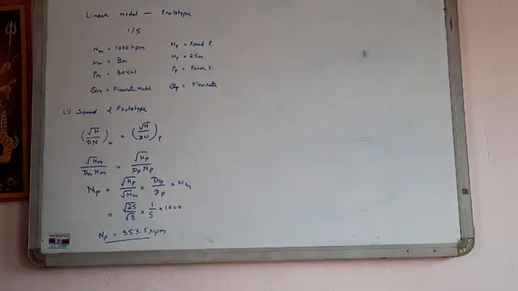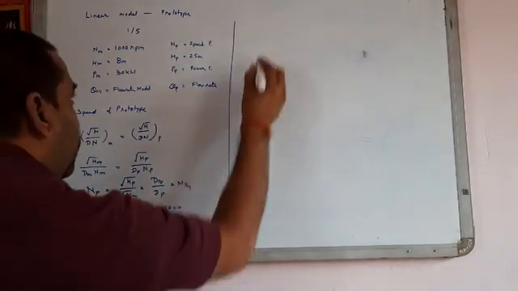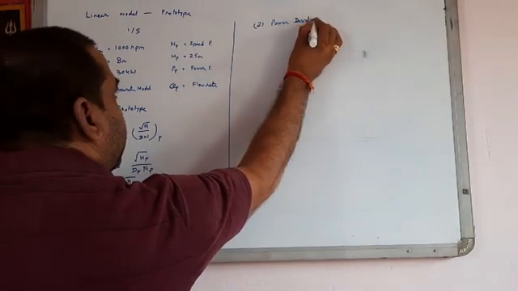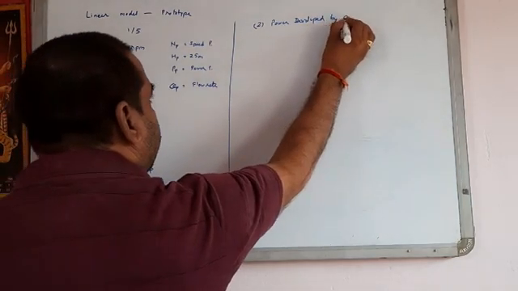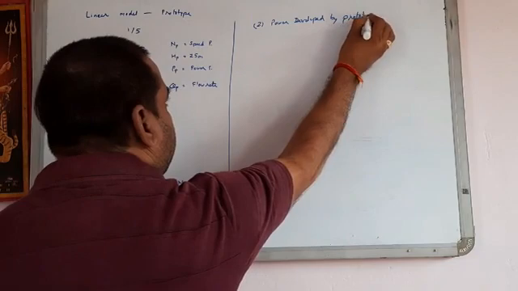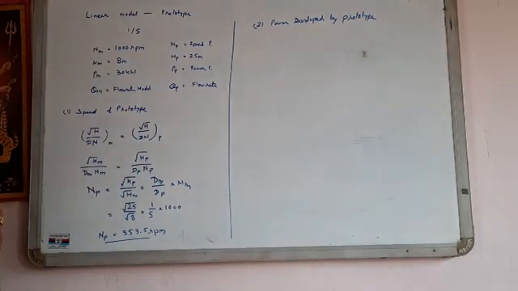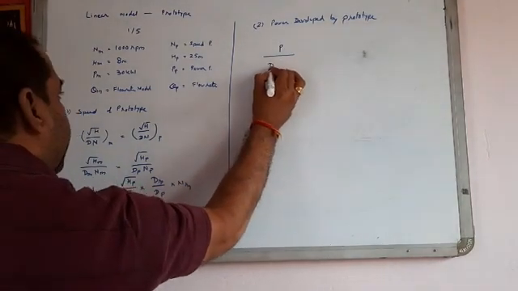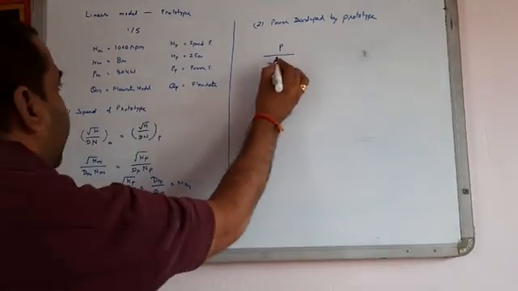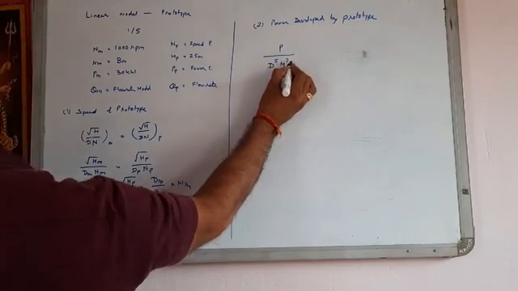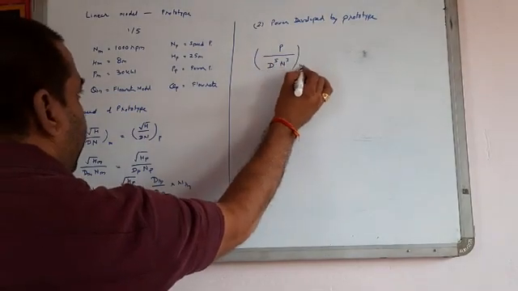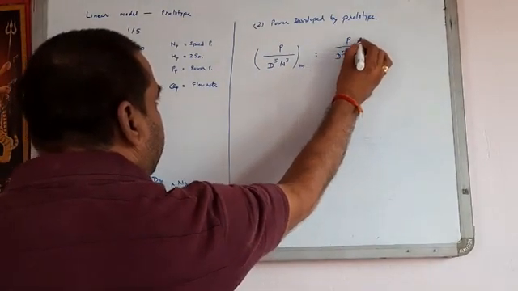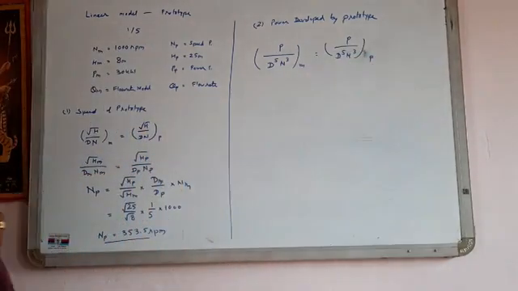Now power developed by prototype. Here P by D to the power 5 and N cube of model equal to P by D to the power 5 and N cube of prototype.